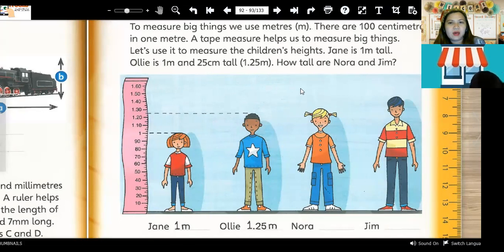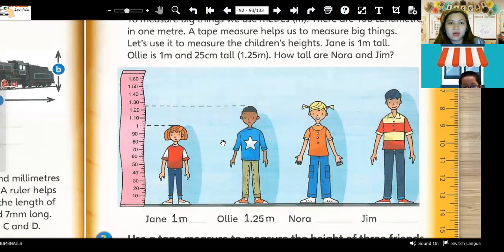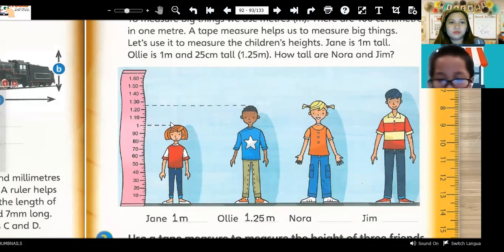And how tall are Nora and Jim? So I want you to please measure it. Okay, I will give you time. So you can just look closely and measure it. You can just refer to the tape measure in the picture.